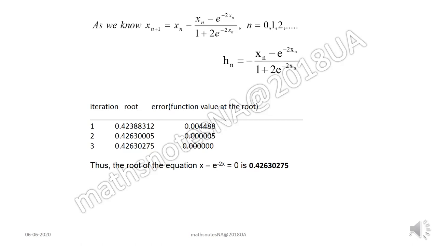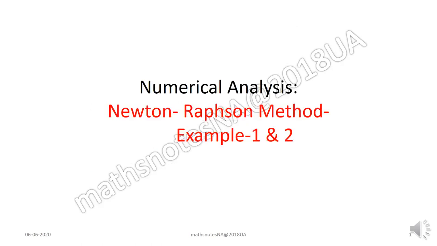Now these are the error values. It means we can solve the equation with exact values also, and we see there is no error in the third iteration, and we got the exact root, and the exact root is 0.426300275.